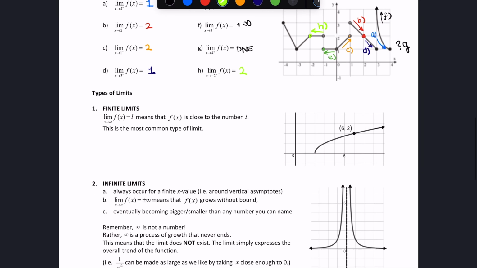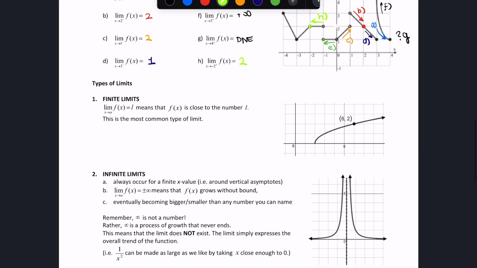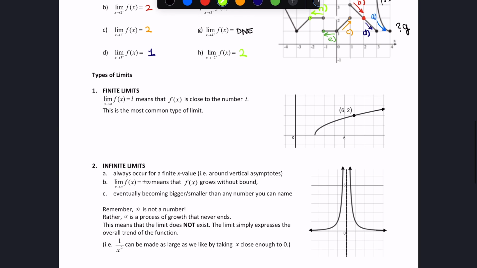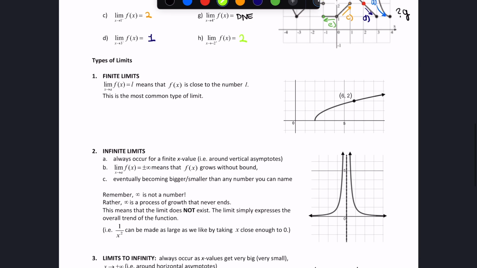So there's different types of limits. And so the first one is finite limits. And again, this is if the limit as x approaches a for the function f of x is equal to L, it means that f of x is close to the number L. This is the most common type of limit. So if we see here, from the right-hand and left-hand side, we see that it approaches closer to the value of 2.